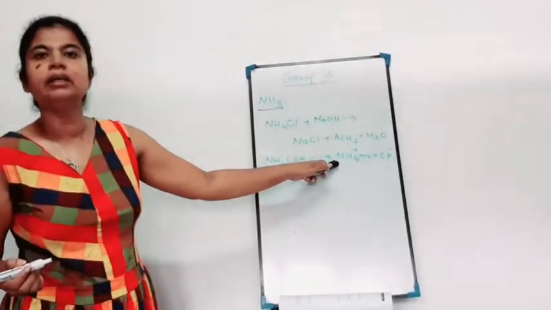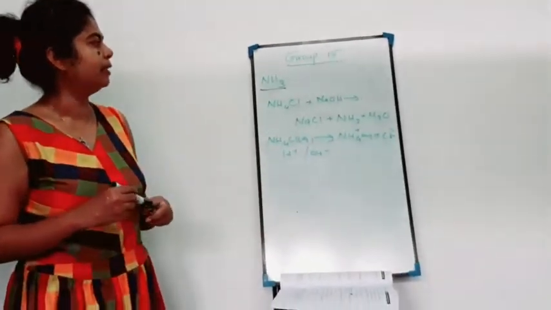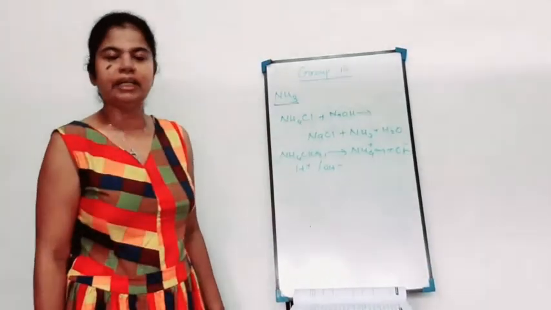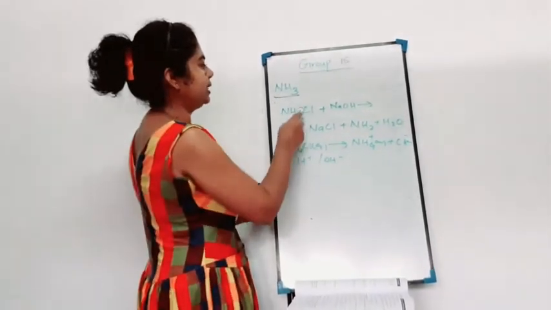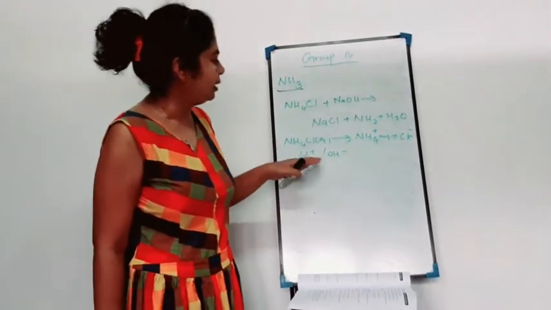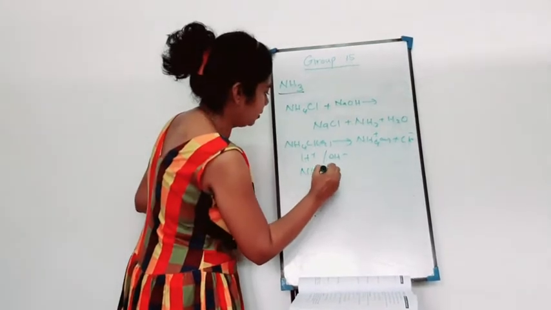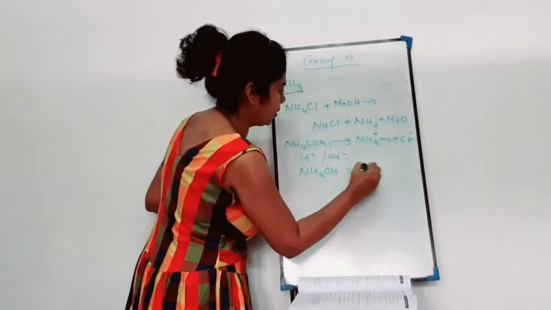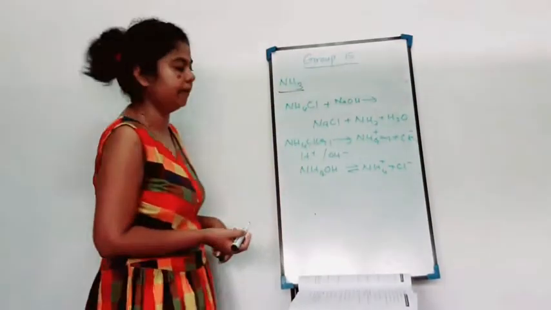Therefore, ammonium can be formed, but it can form ammonium hydroxide also, right? Ammonium hydroxide. Then H+ and Cl- is also there. Then that ammonium hydroxide partially dissociates, forming NH4+ and Cl-, okay?